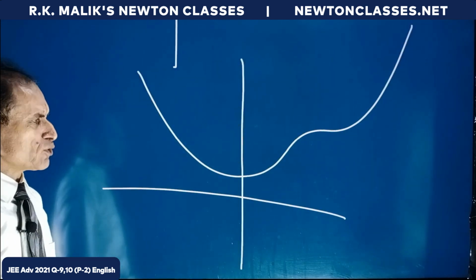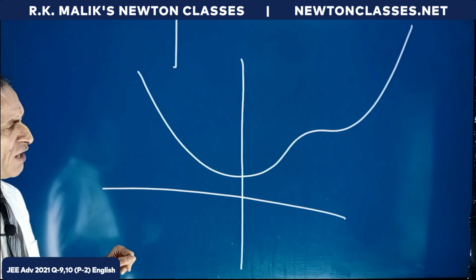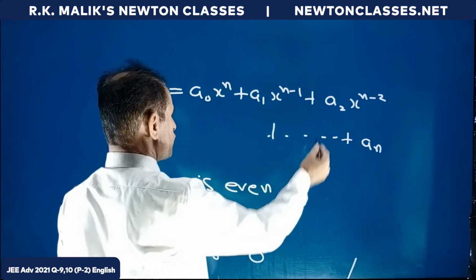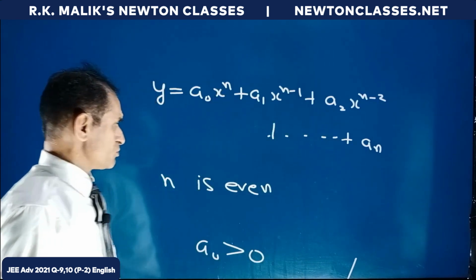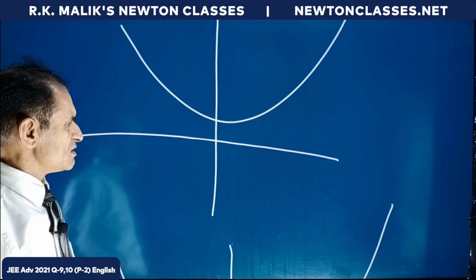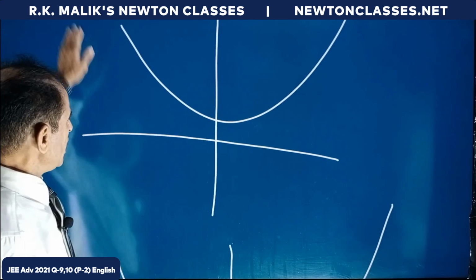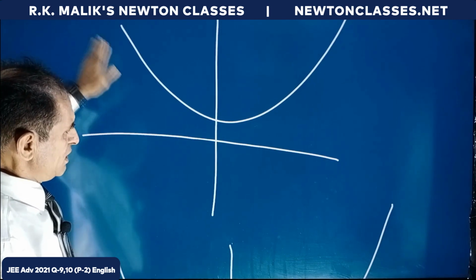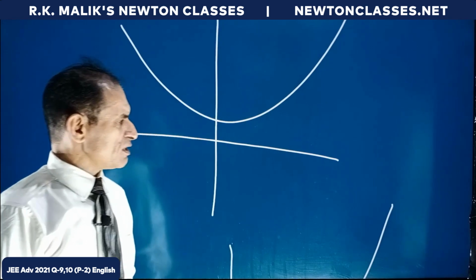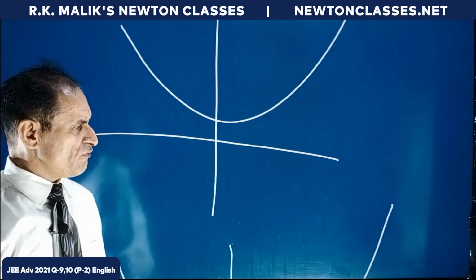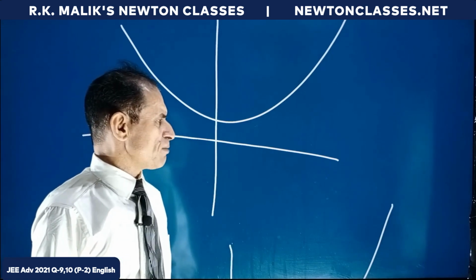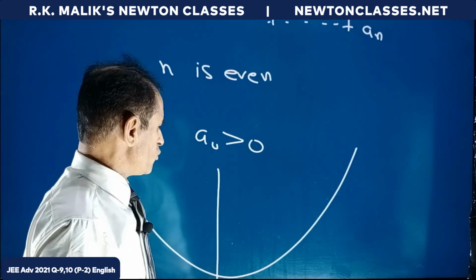Actually, there are so many possible graphs. Which graph will be there again depends upon the values of all the coefficients and the degree also, but the degree should be even. The main thing will always be that the graph will come from up and finally go up. This is common in all the graphs whenever the degree is even and the coefficient of the maximum power of x, that is a0, is positive.